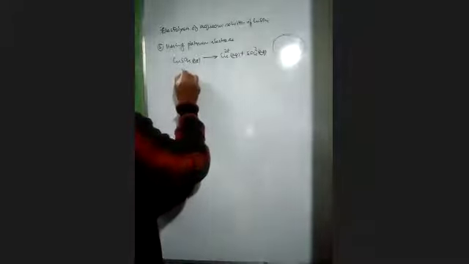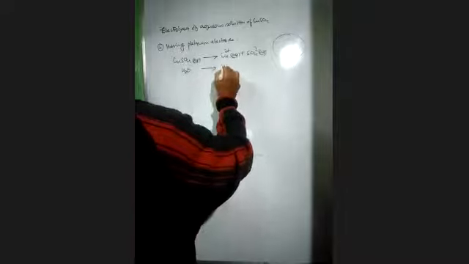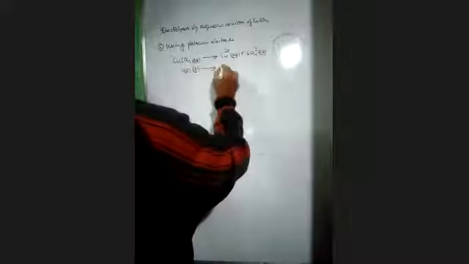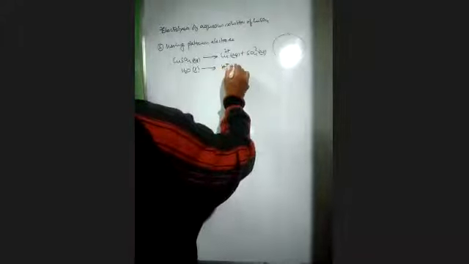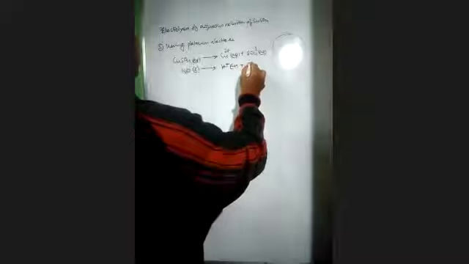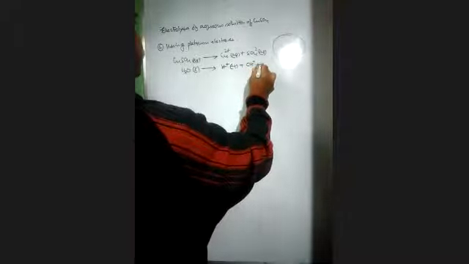Along with that, we also know right from our class 11 that water also undergoes ionization. So it will be H plus aqueous and OH minus aqueous.